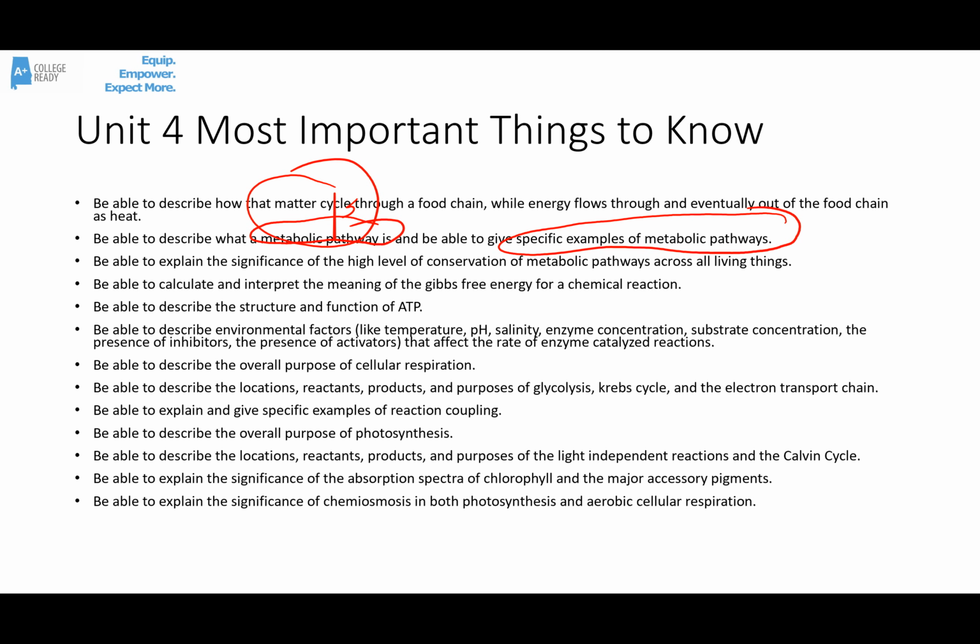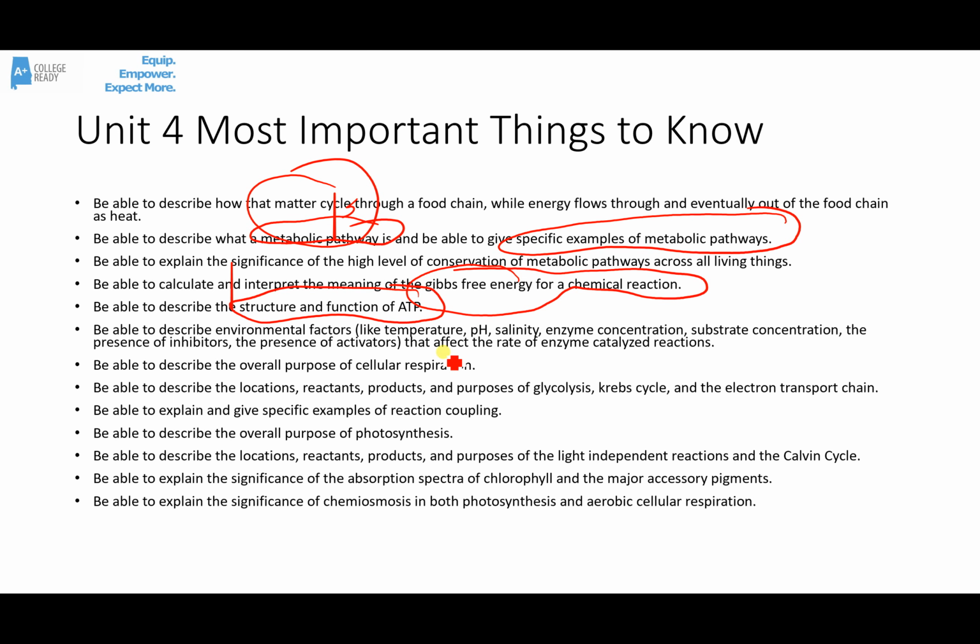Make sure you can calculate and interpret the calculations of Gibbs free energy. Be able to describe the structure and function of ATP. Be able to describe some environmental factors, things like temperature, pH, salinity, concentration of enzyme, concentration of substrate, the presence of inhibitors, the presence of activators that affect the rate of enzyme catalyzed reactions.